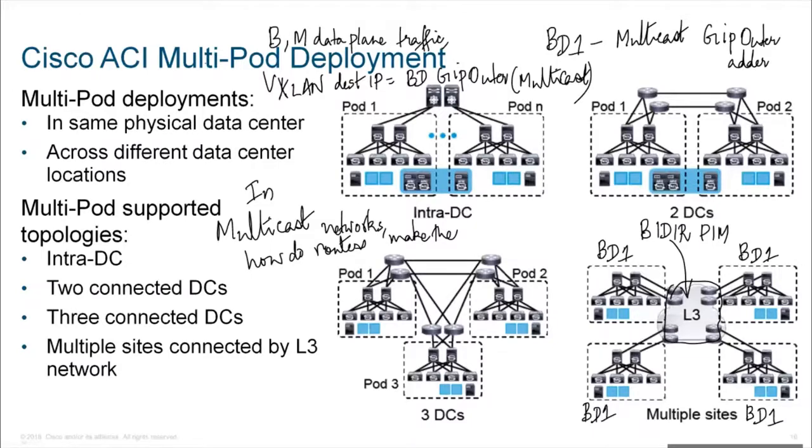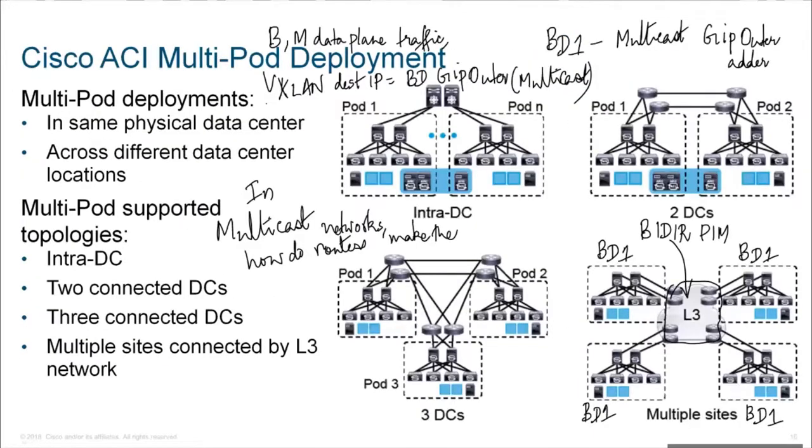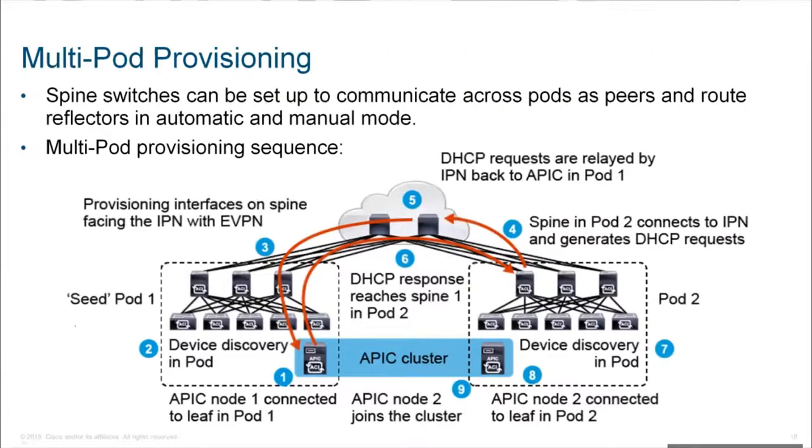Now, another thing they are saying is DHCP relay support. So why do I need relay support? Let's look at this diagram. Let's pretend this is the first pod, it goes through discovery, and you register the devices.